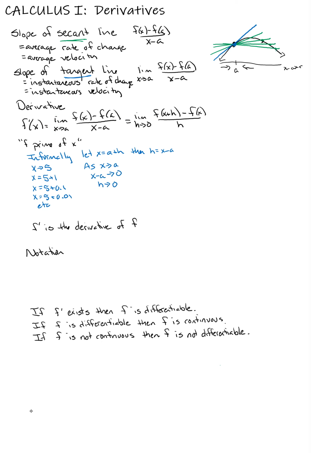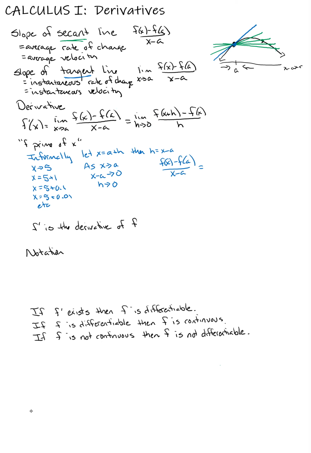All right, using this same little substitution that x is equal to a plus h, let's see if we can take this f of x minus f of a over x minus a. I'm going to try to take this bit and see if we can come up with that bit. Well, let's see here.